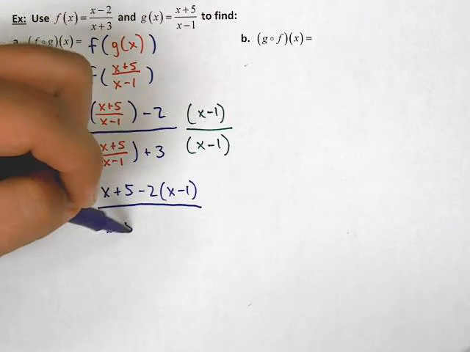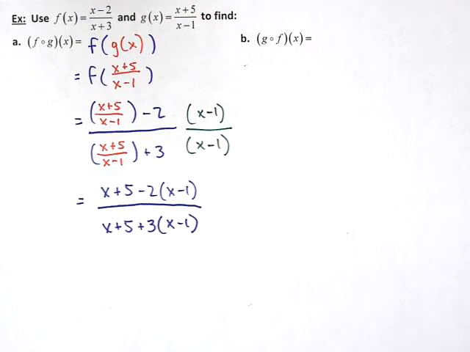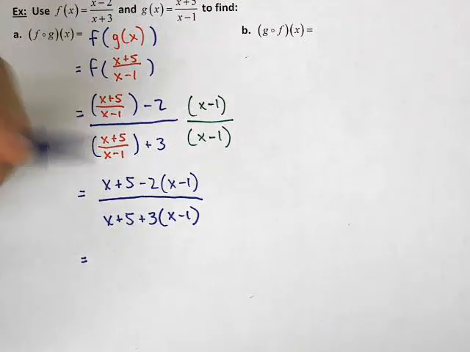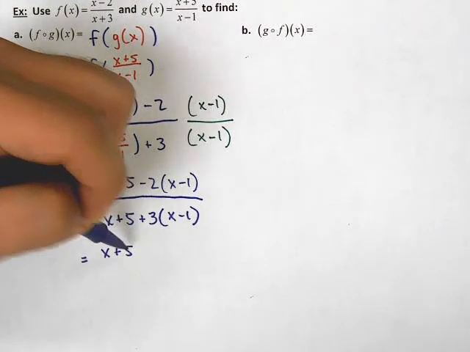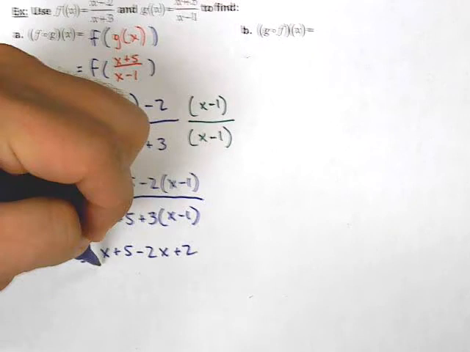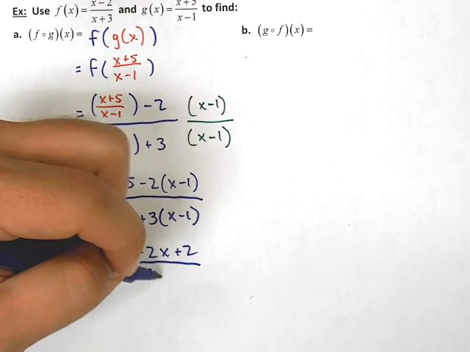So x plus 5 plus 3 times x minus 1. All right, we're getting there. We're close. x plus 5, distribute correctly, negative 2x plus 2, and x plus 5 plus 3x minus 3.